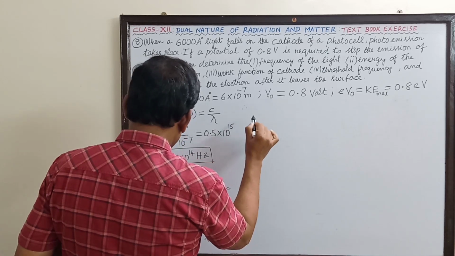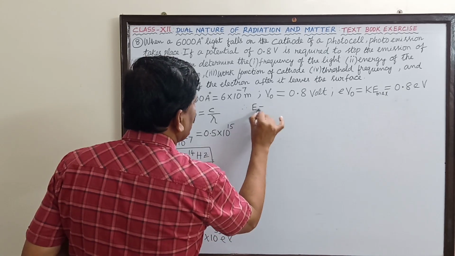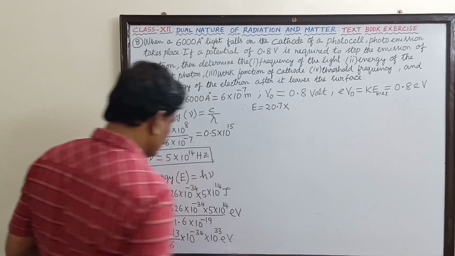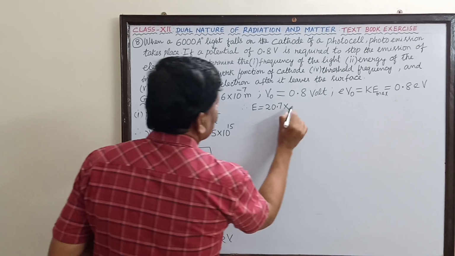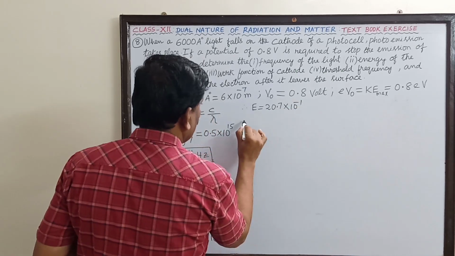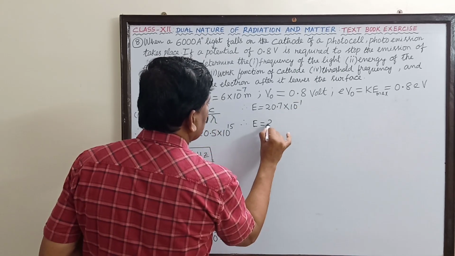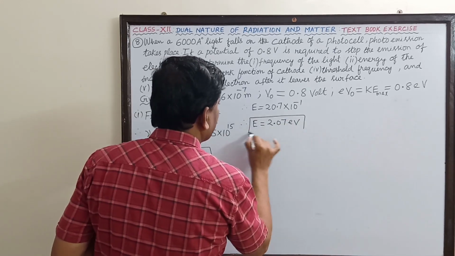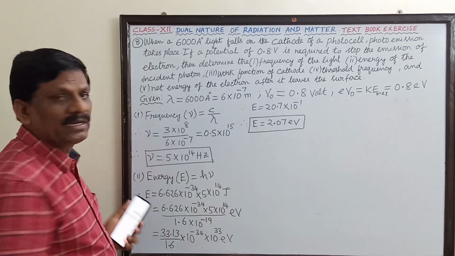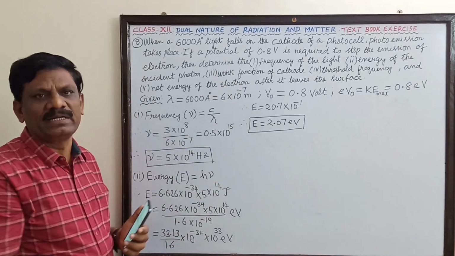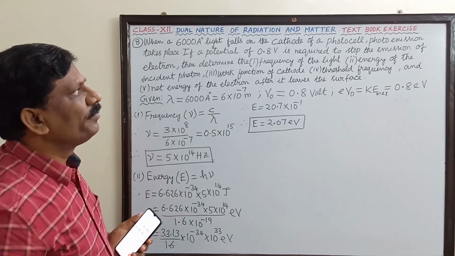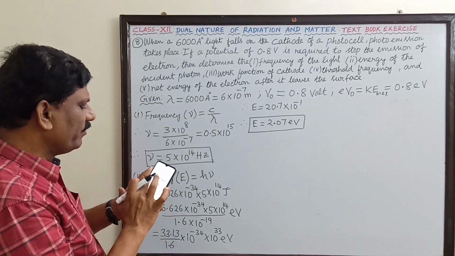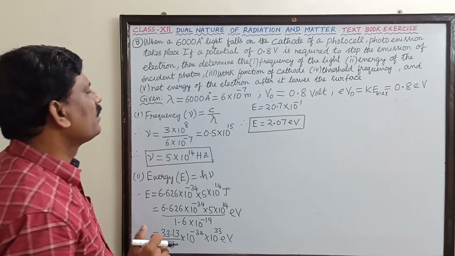Therefore, we get the energy is equal to 20.7 into 10 power minus 1. Therefore, E is equal to 2.07 electron volt. Let us convert joule into electron volt, because in the next subsequent parts we are supposed to convert this into electron volt. So now itself we have converted it into electron volt.